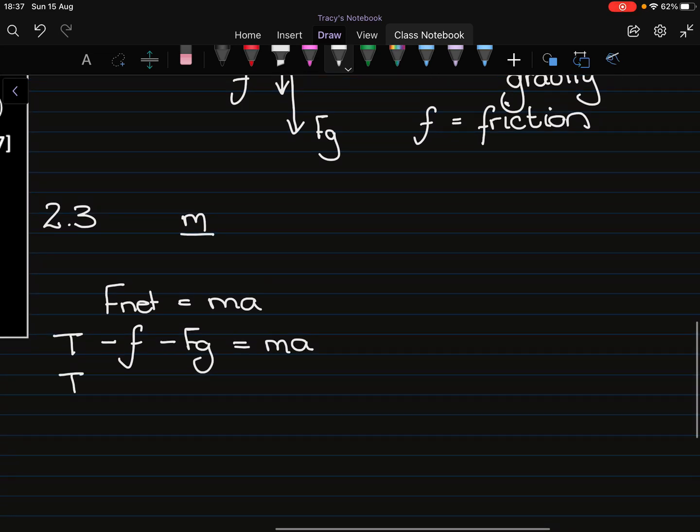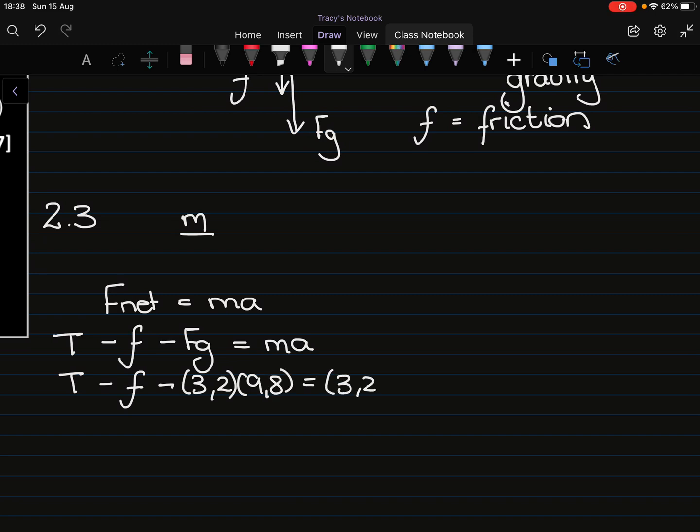I don't know T. I don't know friction. Fg is 3,2 times 9,8. Mass is 3,2, and they told me it was accelerating at 0,9. So T minus F, and I've taken the 3,2 times 9,8 over to the other side, added it, and we get 34,24 newtons.